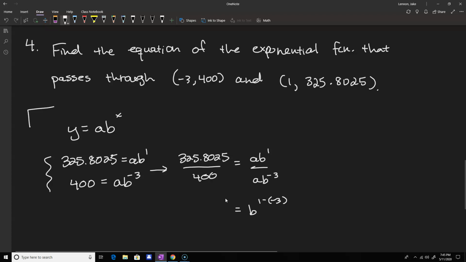And if you plug the other side into your calculator, we get some long decimal, but it will actually simplify when we take the fourth root: 0.814500625. So this number is equal to b to the fourth.